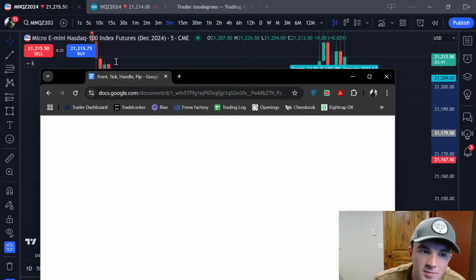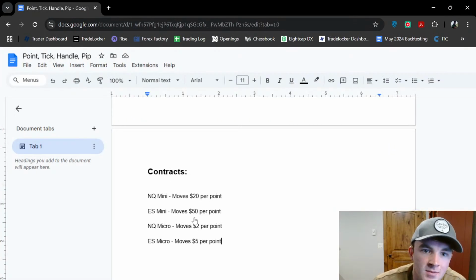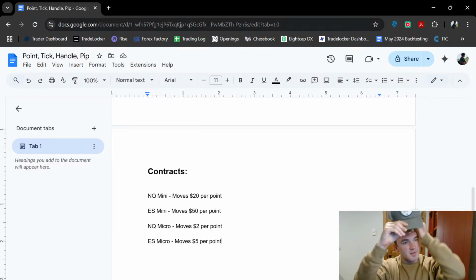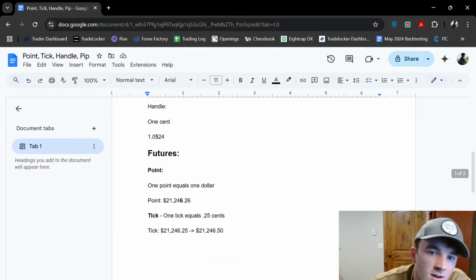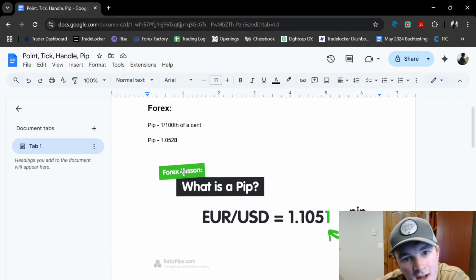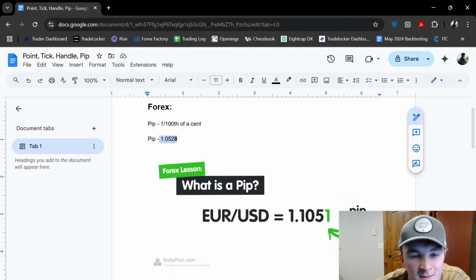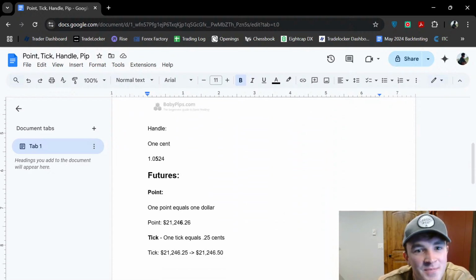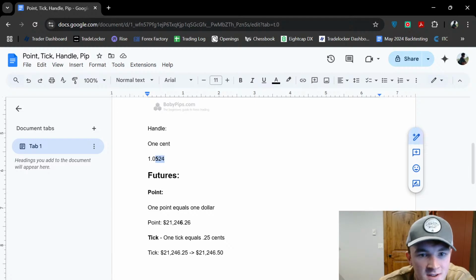Okay, so this is the document that I made with this guy from yesterday. It's got all the different things that I did not understand from yesterday. I didn't understand a pip. That's 1/100th of a cent. A handle, which is 1 cent for Forex.